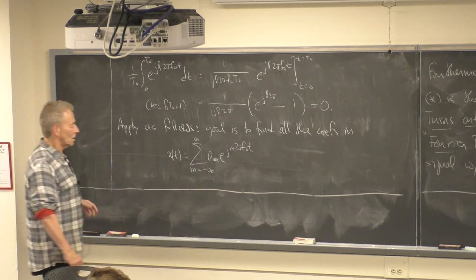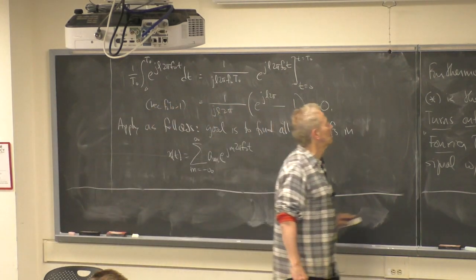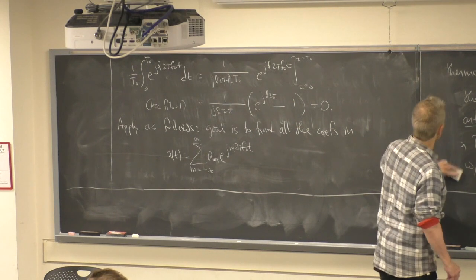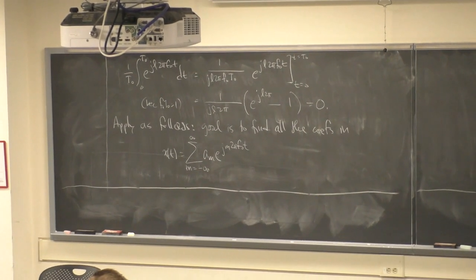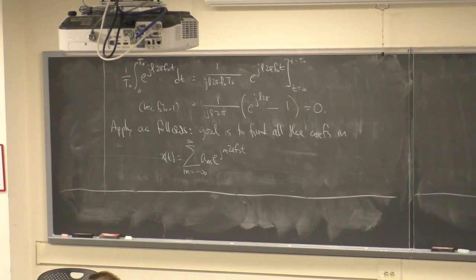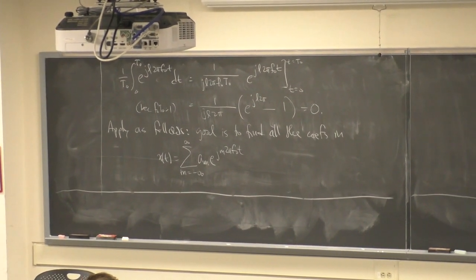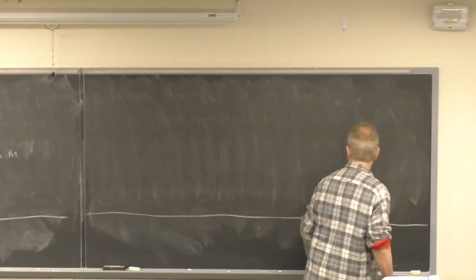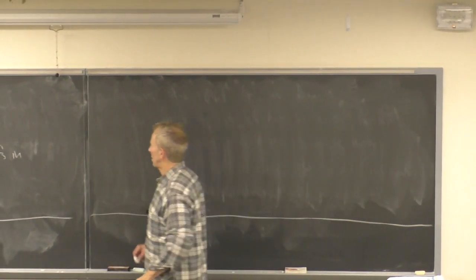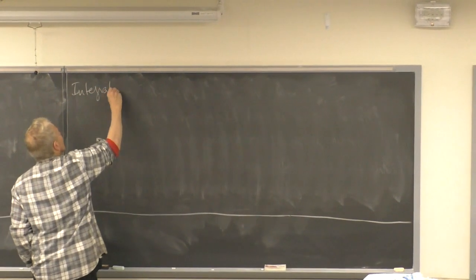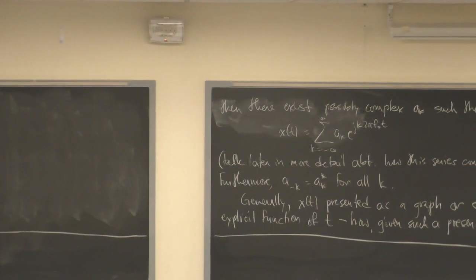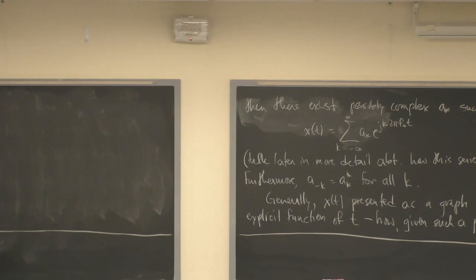First thing we're going to do is integrate both sides of that equation from 0 to t0, and divide by t0.